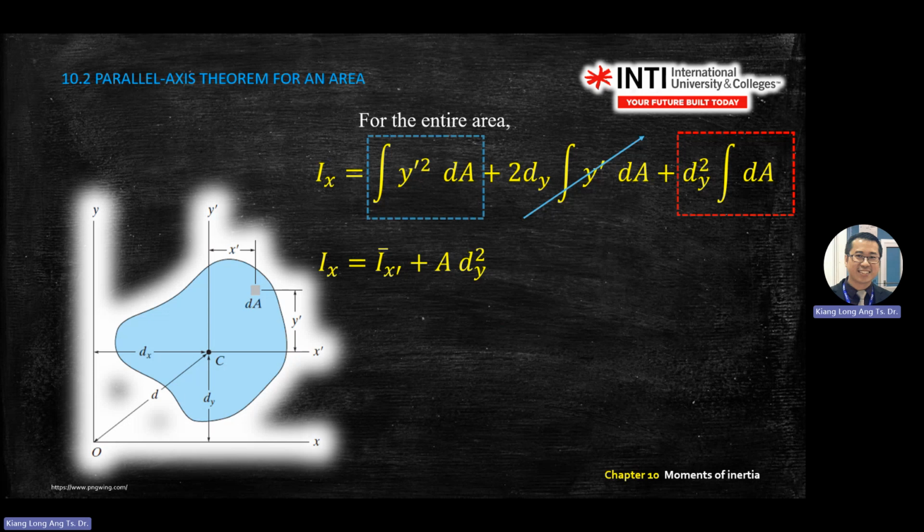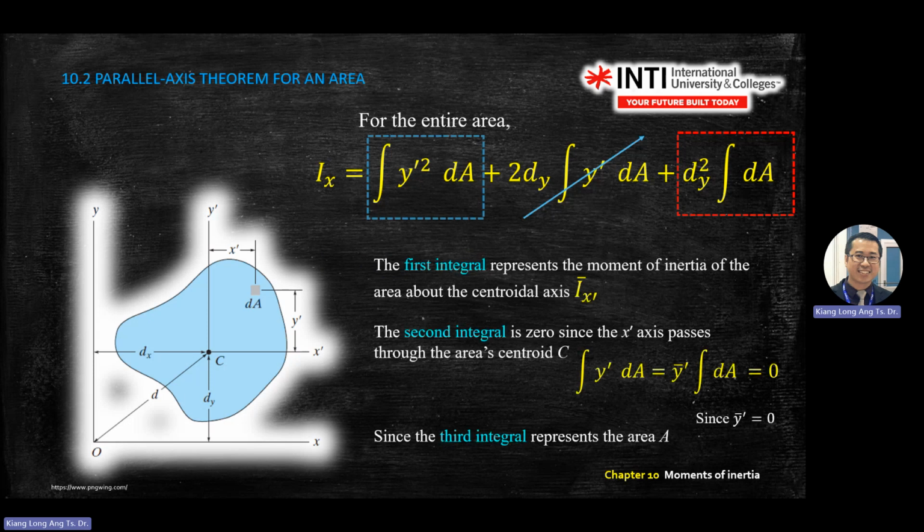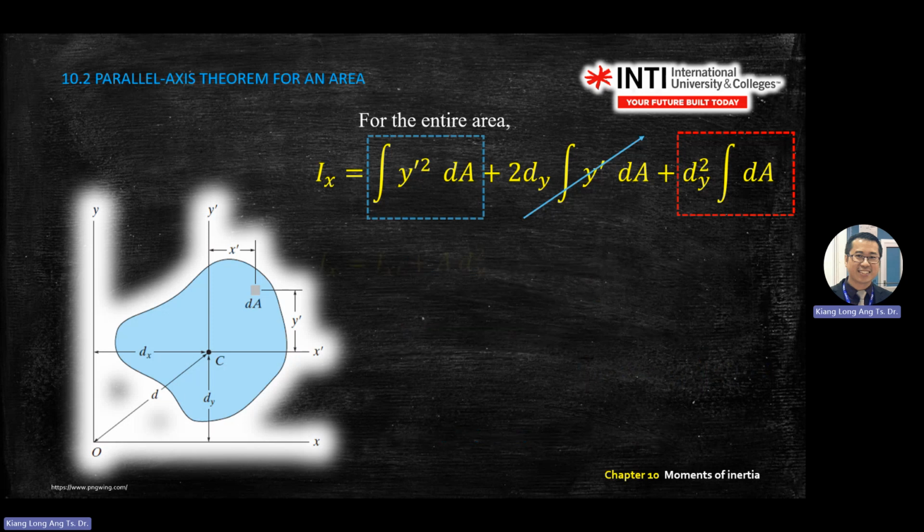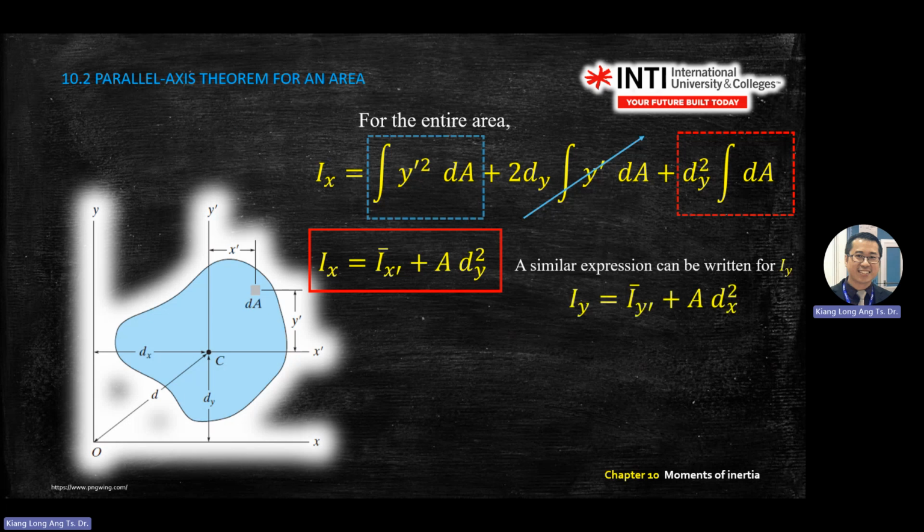with, if you're referring to centroid, there's a C point there. Then your Ix will become two components. One is because of the first integration, because you are measuring from the centroid. Second one is because of the area, this one.